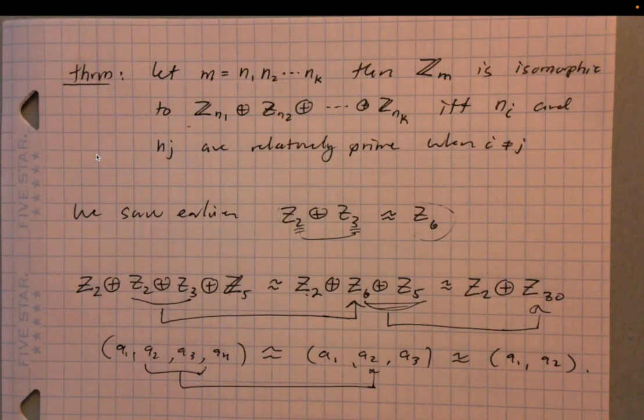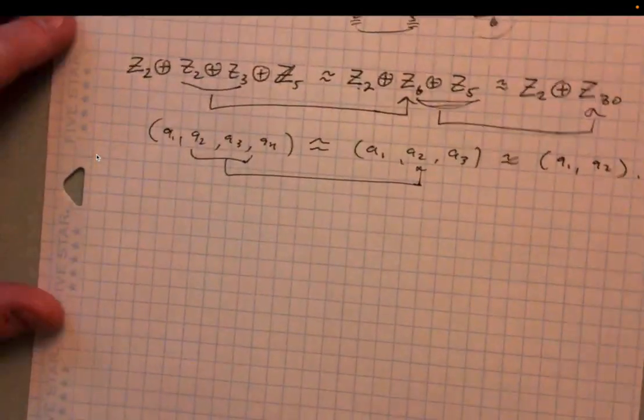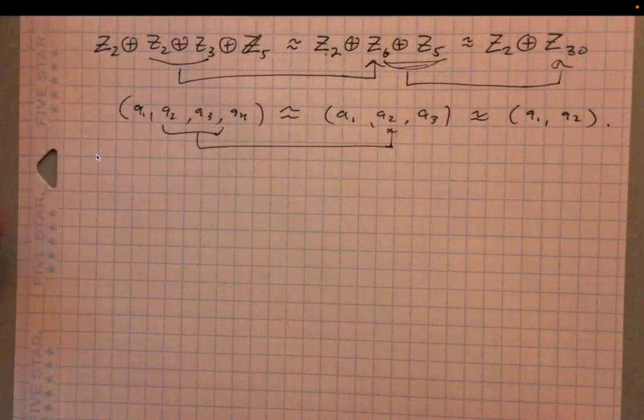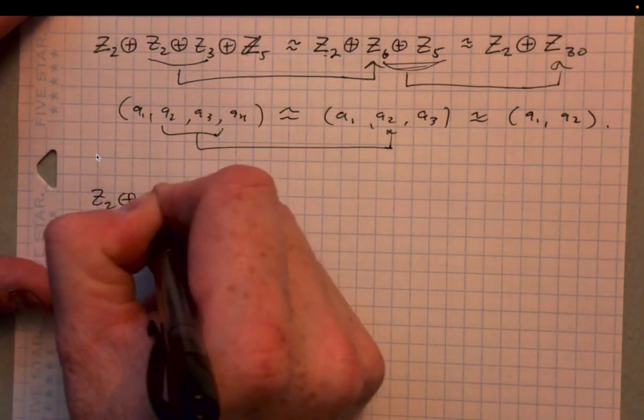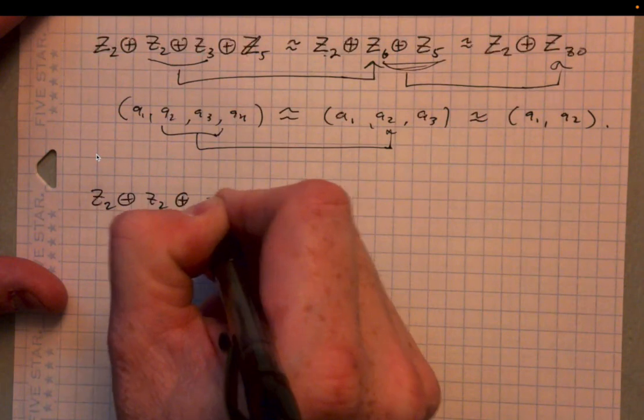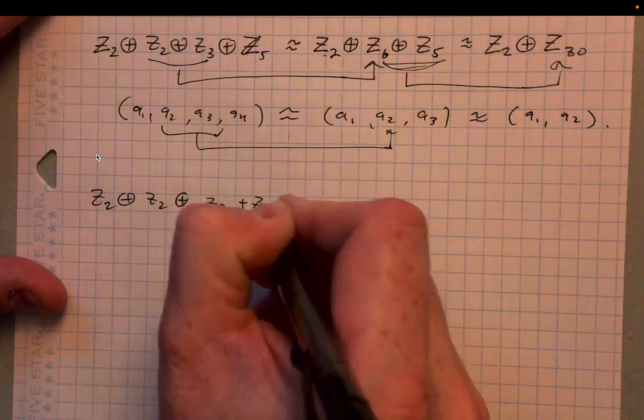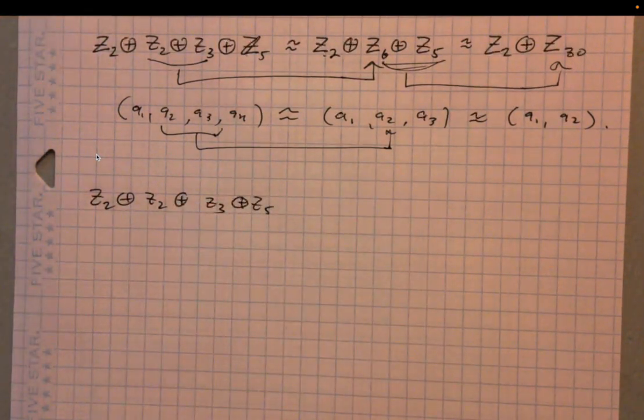Now, similarly, we could do something kind of similar here. Let's say I start with my Z2, Z2, Z3, Z5. Well, one of the things that I could do is change the order of these if I wanted to. I could rewrite this in a different order.